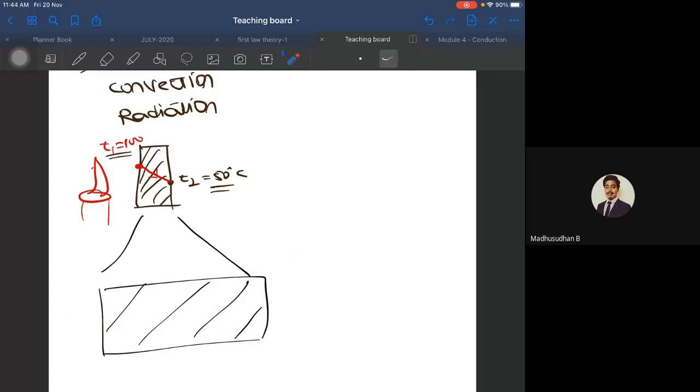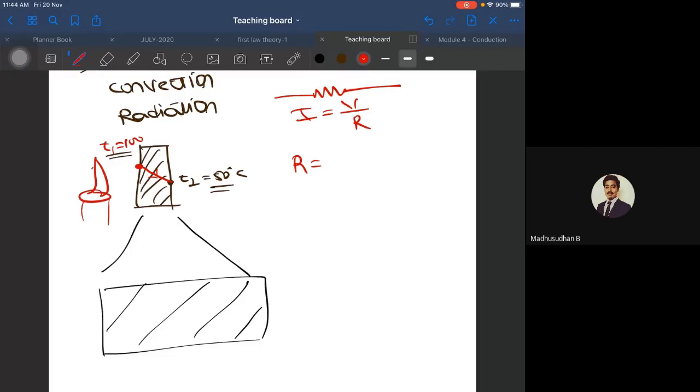That value of R is different for different modes of heat transfer. We have made an electrical analogy. What is that electrical analogy? If you want to pass a current under a specific voltage through a resistor, it is given by I equals V by R, where I is the amount of current, V is the potential difference across the ends, and R is the resistance the current has to pass through.